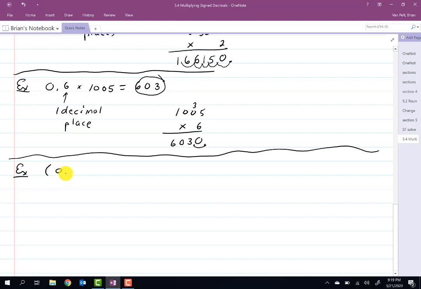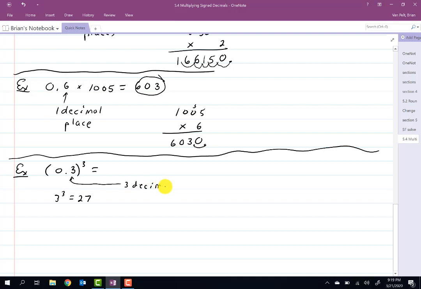Here I'll try 0.3 cubed. And, well, you know that 3 to the third is equal to 27. But keep in mind, since this is to the third power, I'm going to have 3 decimal places total.